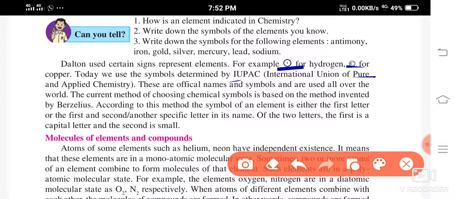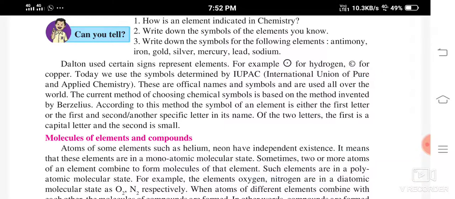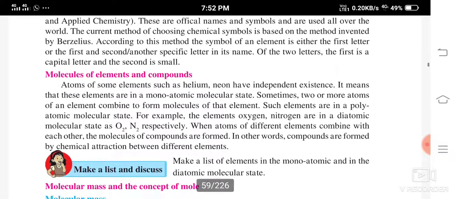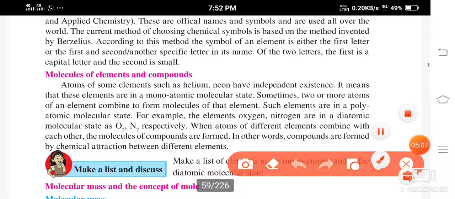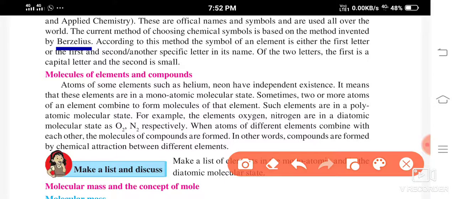The current method of choosing chemical symbols is based on the method invented by Berzelius. So the current method means the method which we are using now. This scientist invented it, and we are using the method which was invented by Berzelius. According to this method, the symbol of an element is either the first letter or the first and another specific letter in its name.